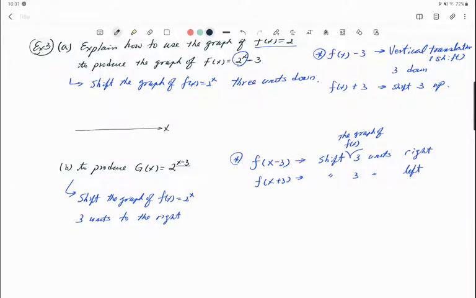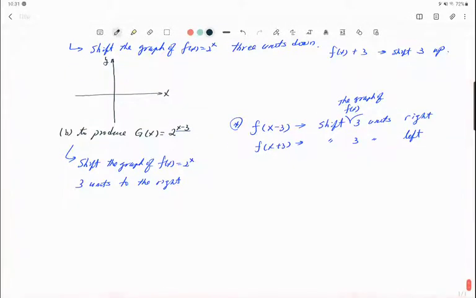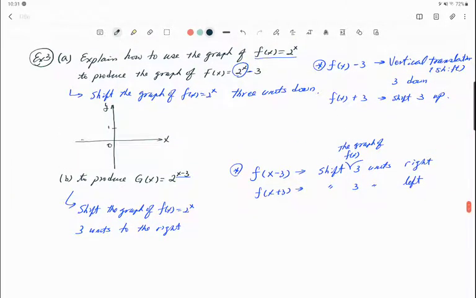Here's the x-axis, y-axis. The graph of 2 to the x is when x equals 0, y equals 1. Let me graph it approximately. It looks like this. So that's the graph of f of x, which is 2 to the x. Now I'm going to shift this one 3 units down. So 1, 2, 3, so this is negative 2.